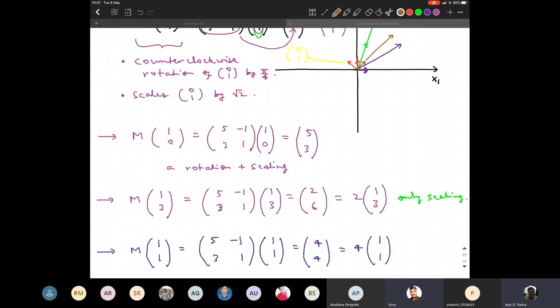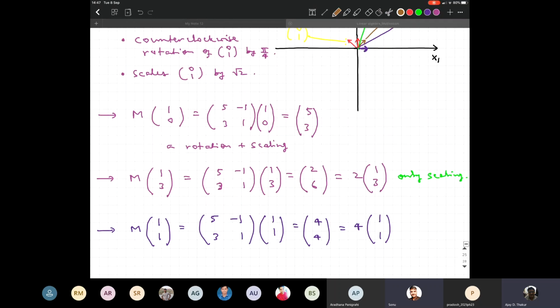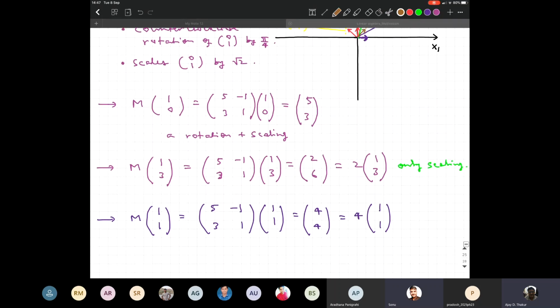Such vectors which don't undergo any rotation but only scale, even if you say rotation, that would be 360-degree rotation, so there is no rotation modulo 360, have a special name, and these are called eigenvectors.